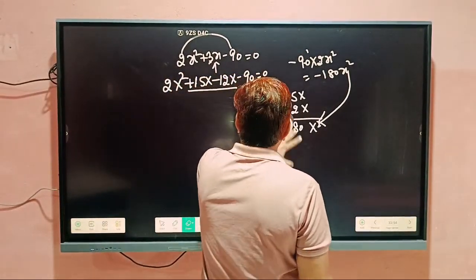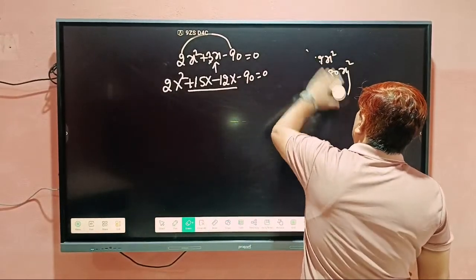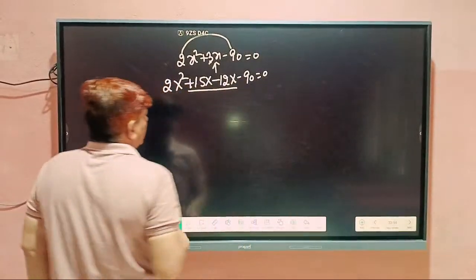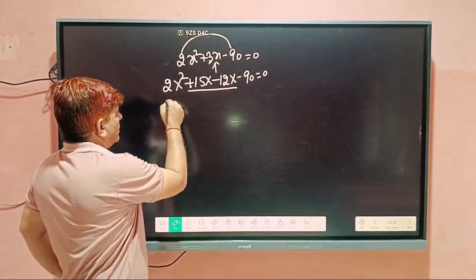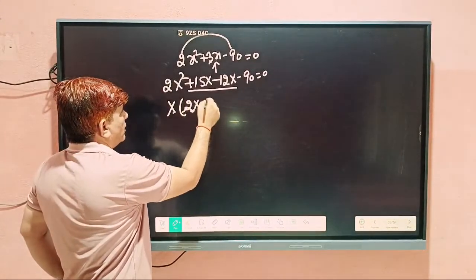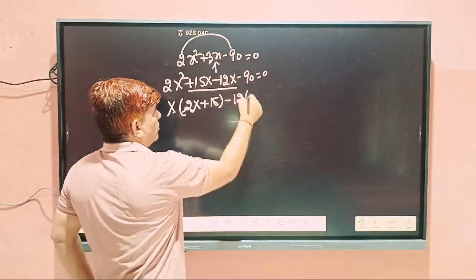It means we can make the factorization accurately. So what's common? X is common here. X is taken common. So 2x plus 15. And then what's taken common? 12 is taken common.